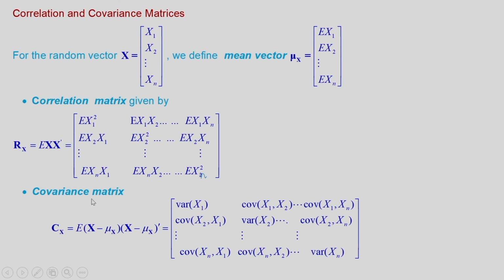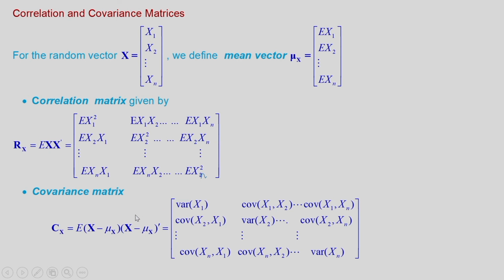Similarly, we can define the covariance matrix. To get the matrix, we have x minus mu x vector into x minus mu x vector transpose, and then we take the expectation of the individual terms. So, we get a matrix with diagonal elements as the variances, variance of x1, variance of x2, up to variance of xn, and off diagonal elements are the covariance values.